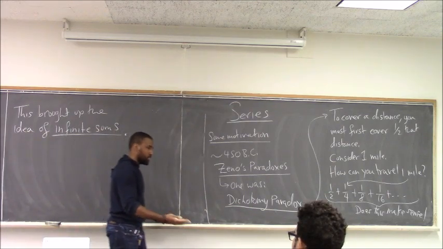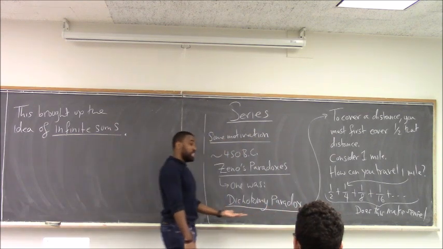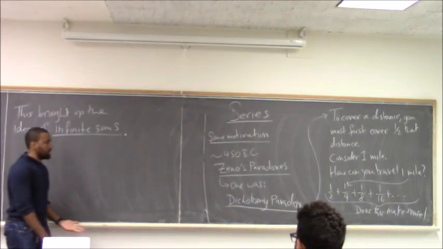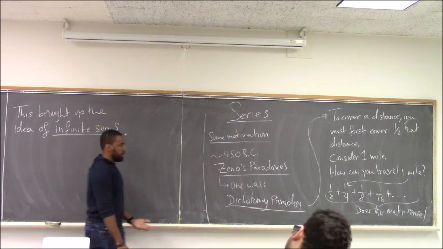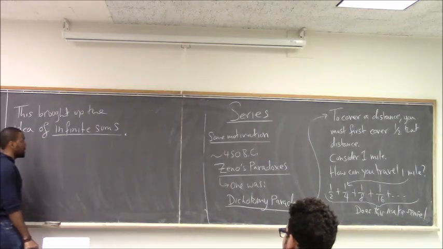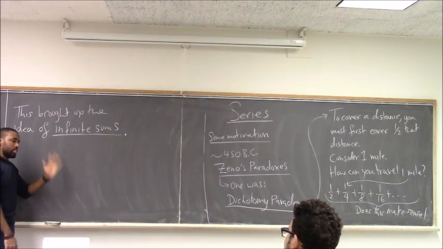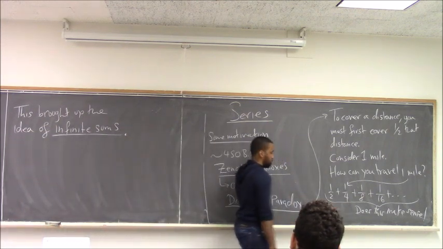Now, of course, the calculus students are going to scoff at this because we know something called the integral. To achieve that, we have to add up an infinite number of things, right? That's what a Riemann sum was for the definite integral, right? We added up an infinite number of areas, and we came up with an answer. But back in the day, it wasn't so clear. It wasn't clear what it meant to add up an infinite number of things.